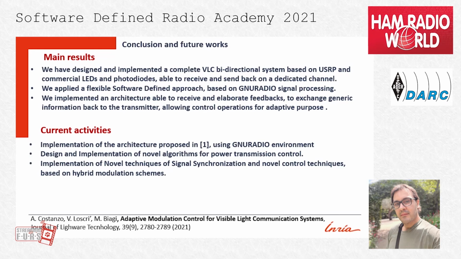And we implemented, always using GNU Radio, an architecture which is able to receive and elaborate feedback, exchange information, which will potentially allow to make lots of control operations for adaptive purposes. So improving the possibility of using visible light communication in a real scenario. So in our current activities, we are implementing the architecture we already proposed in the reference, but using the GNU Radio environment.